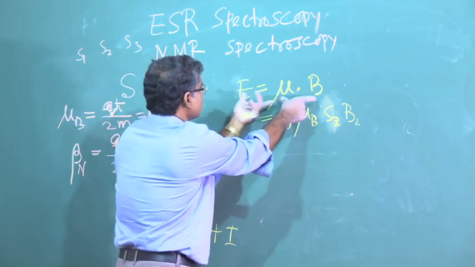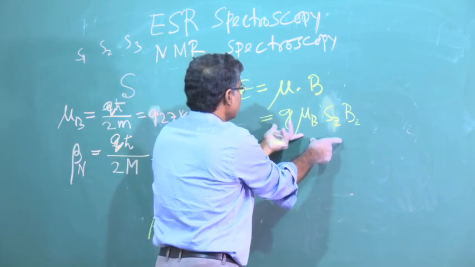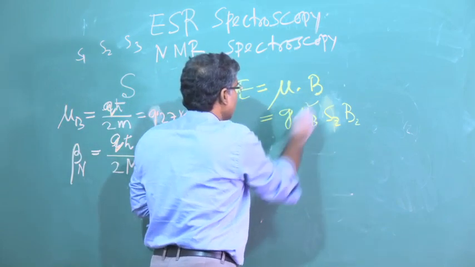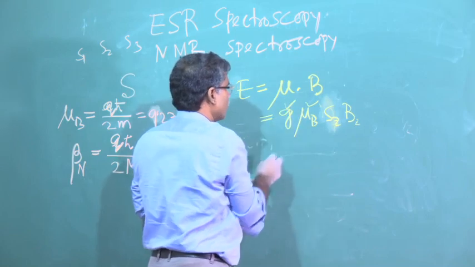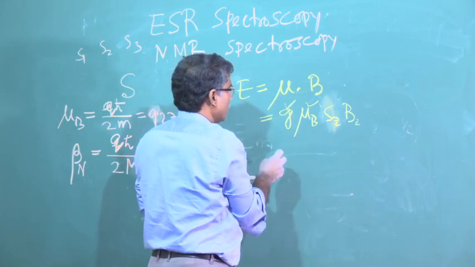Now, this energy mu B, that value you know, for electron G you know is 2.